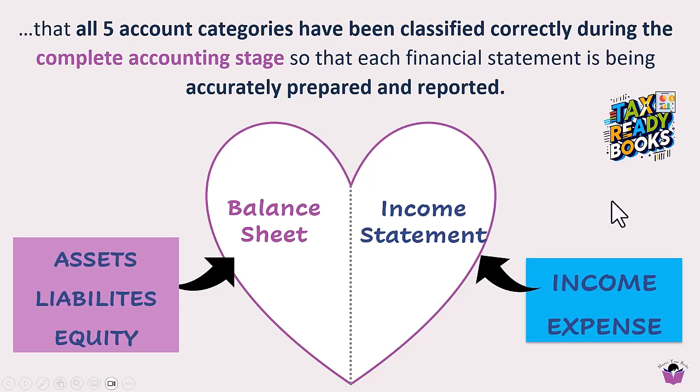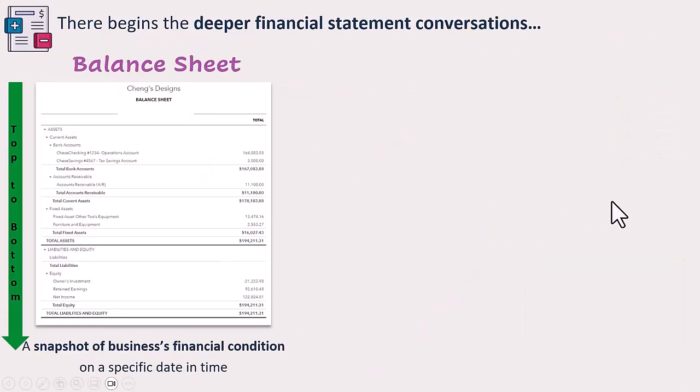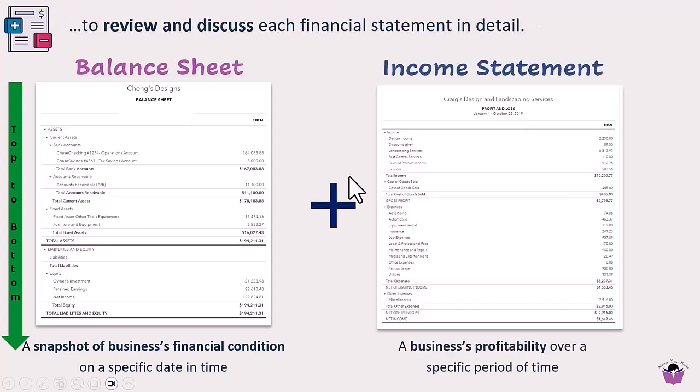And we know that if we're doing that, we are building tax-ready books, and we can review the balance sheet and the income statement for deeper insights and conversations alongside the business owner and accounting partner.